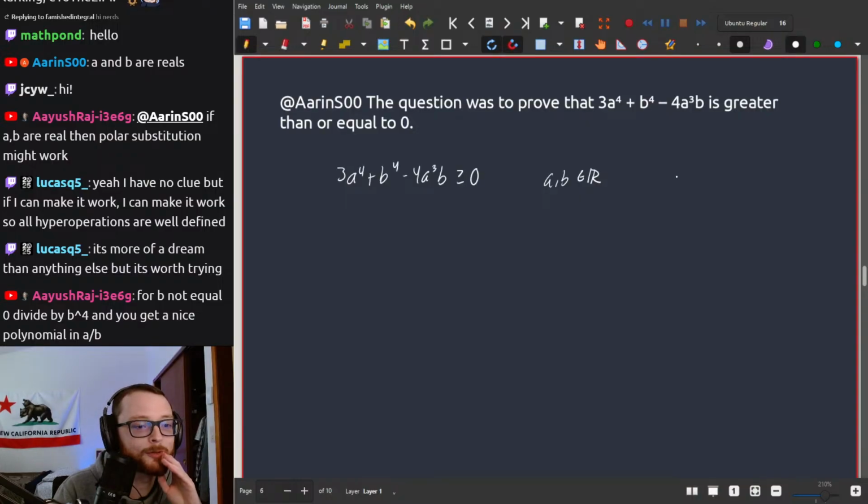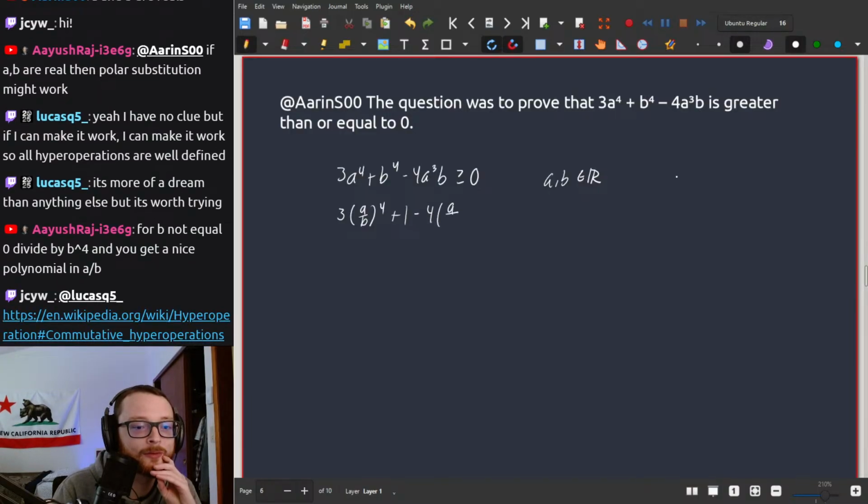Oh, you do, Ayush. Yeah. I like that. I bet that's the idea for this problem, because that seems intentional that they set it up like that.